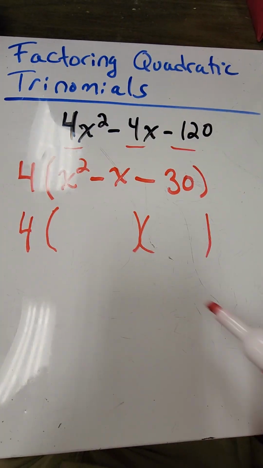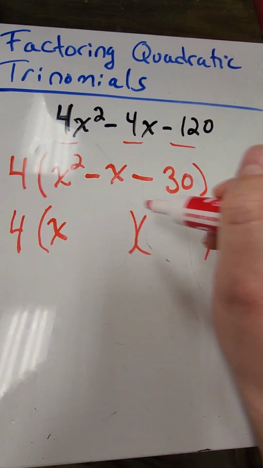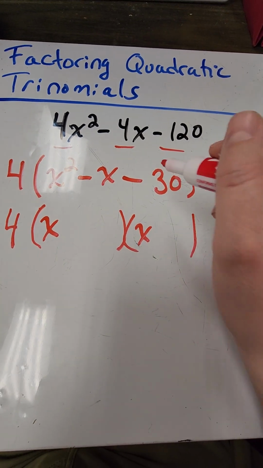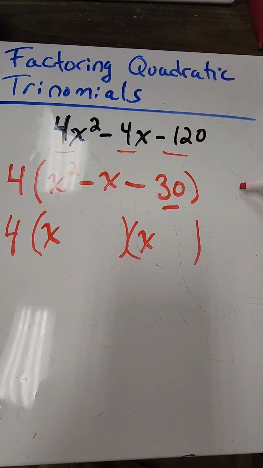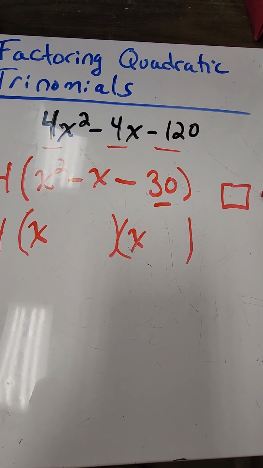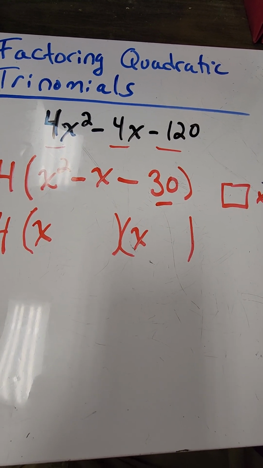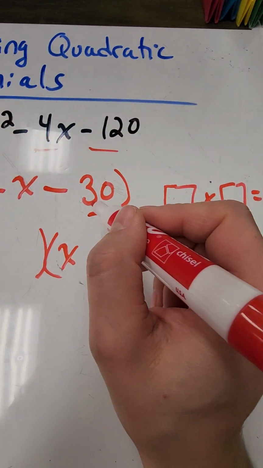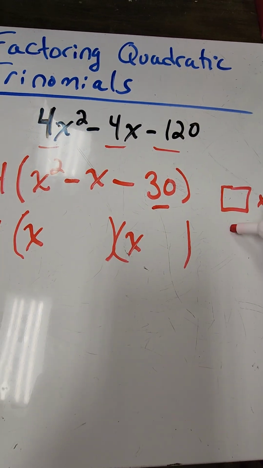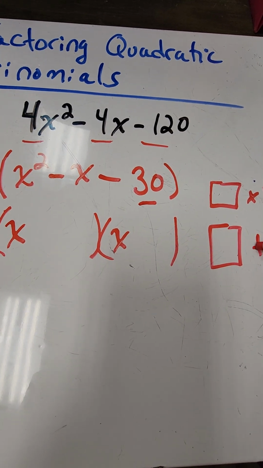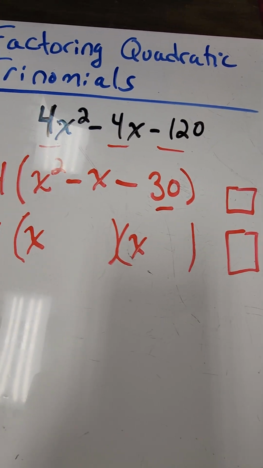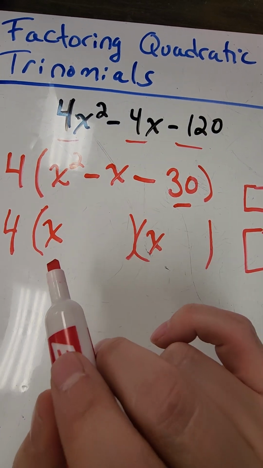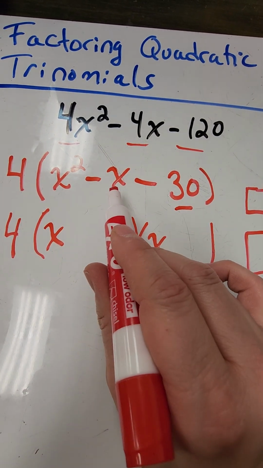We could simply draw our two parentheses, place in our x's, and then we have to ask ourselves, what are two numbers that multiply together to give me negative 30, which is the third term, and those same two numbers have to add together to give me negative 1, which is the middle term. Right? We know it's 1 because there's nothing in front of the x.